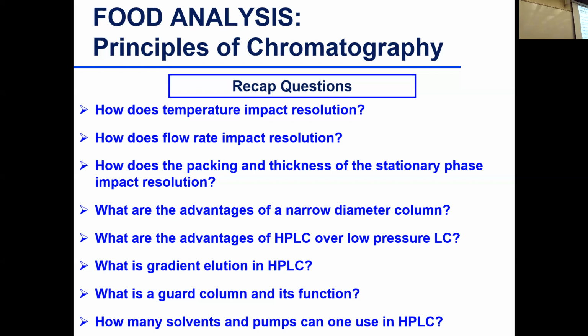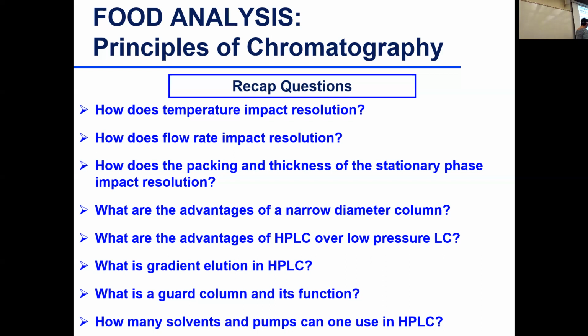So with LC that is low pressure, you don't really have nice sharp peaks. They're mostly wide peaks. And also with HPLC, you get better reproducibility and you can collect fractions easier, and then your peaks are purer than low pressure LC, just because of the fact that they're narrow and you have less potential of co-elution.